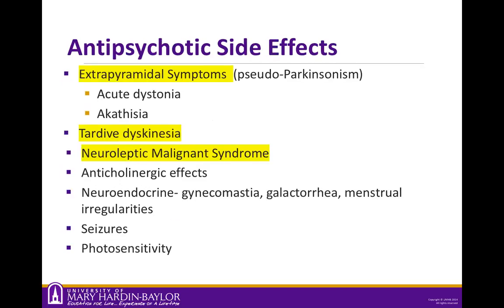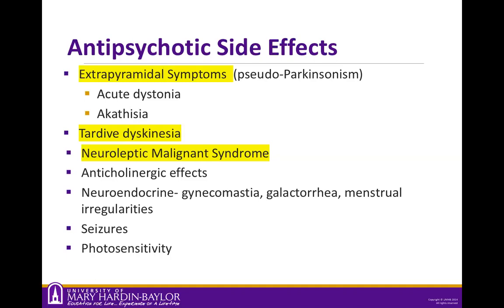When we talk about side effects from these, the first one is extrapyramidal symptoms. These can also be called pseudo-Parkinsonism. One of those is acute dystonia, a painful tension in the muscles. And the other is akathisia, an uncontrolled movement where they just can't stop moving. If you think of Michael J. Fox, you can Google or YouTube him and see the way he's moving a lot.